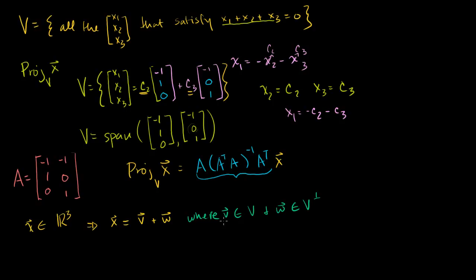By definition, v is the projection of x onto V, and w is the projection of x onto the orthogonal complement of V. So we can write that x is equal to the projection onto V of x plus the projection onto the orthogonal complement of V of x.